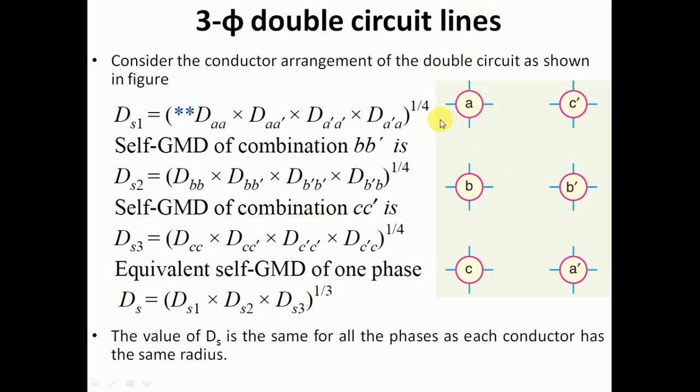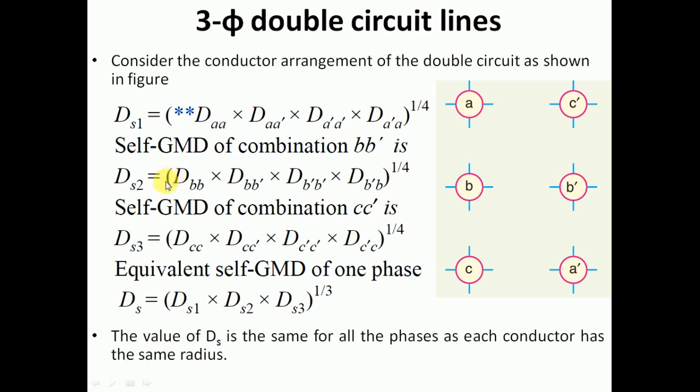So definitely it will be the fourth root of the product of these four distances, that is, the distance between conductor A and A dash, and the distance between conductor A dash and A. Then the R dash value of this conductor, considering the radius of this conductor as R, so this D_AA will indicate its R dash value. Similarly, the R dash value of this conductor is represented as D_A'A'.